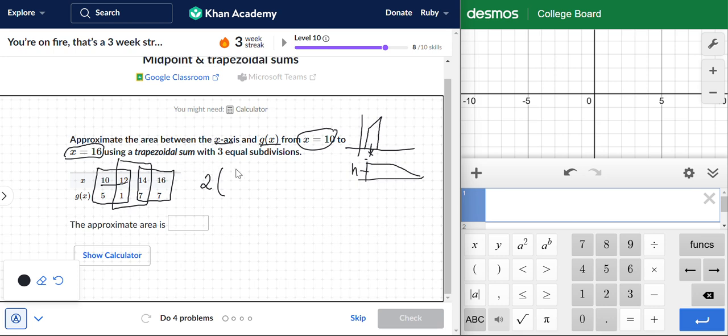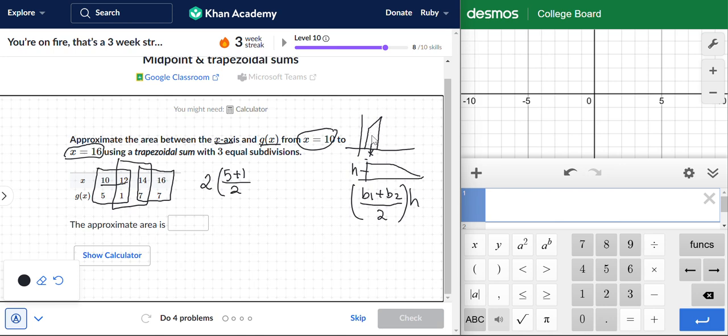And now we do 5 plus 1 divided by 2, because we do base 1 plus base 2 divided by 2 to find the average of the bases, and then we multiply this by the height to find the area of a trapezoid.